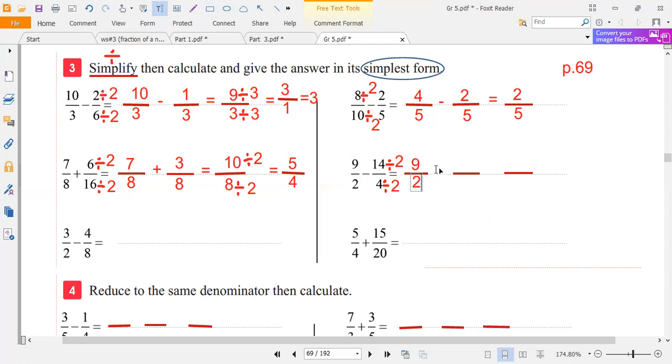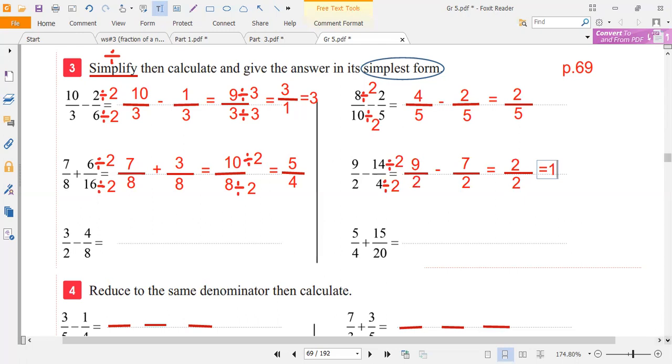We have minus 7 halves. Now they have the same denominator, so we subtract the numerators and we keep the denominator. We get 2/2, 2 halves, and we know that if the numerator is equal to the denominator, then we get 1. So the answer is 1.